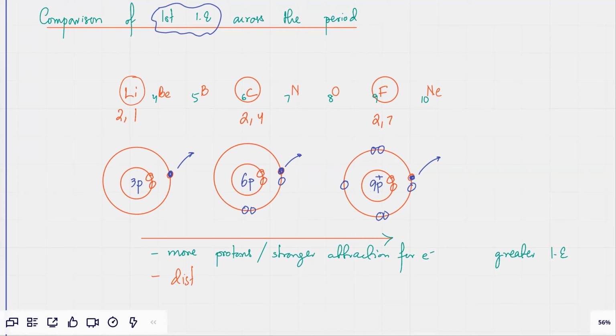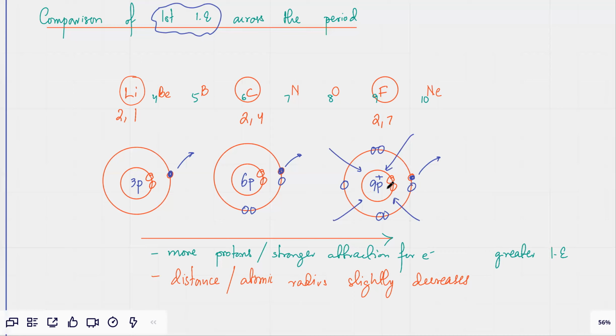I did explain this earlier. The distance, or you can call it the atomic radius, slightly decreases. There's a gradual decrease, and the explanation was that you've got more protons, so the outer electrons are going to be very strongly attracted.